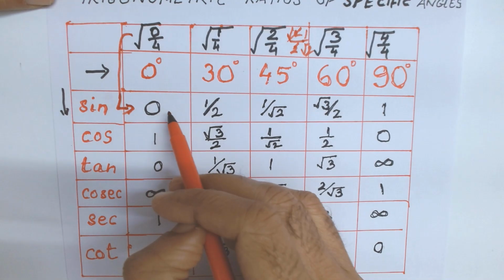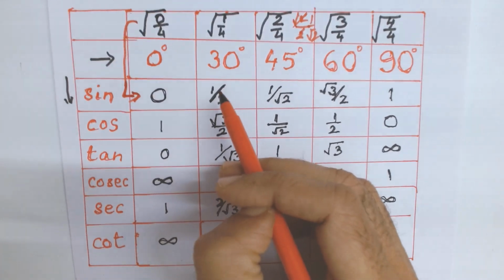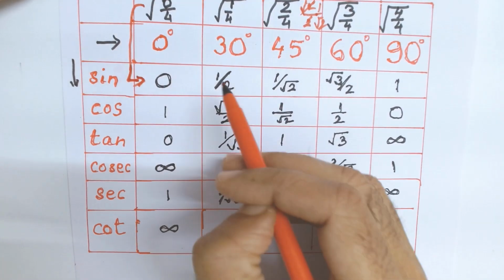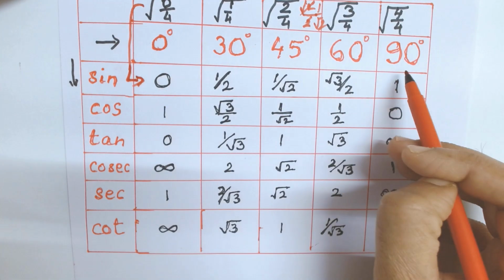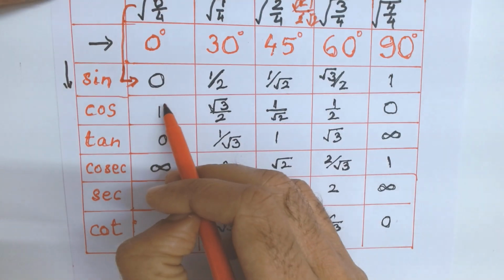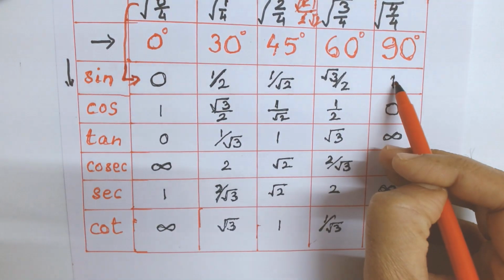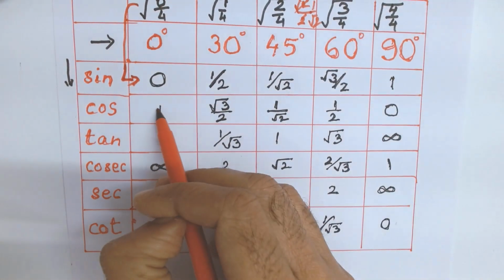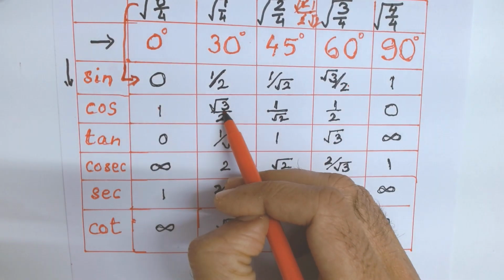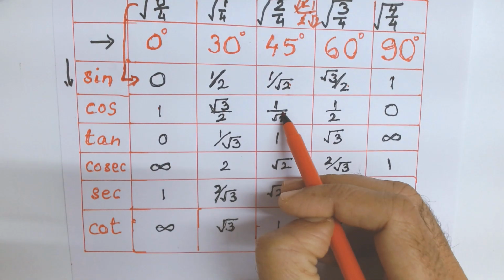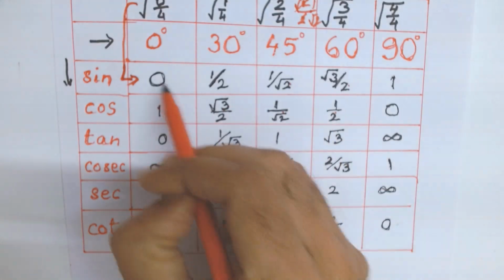Because once you get the first line for sine, which is from left to right, now write the values from right to left. What you see here as 1, you write here. Root 3 by 2 will come here second. This will come here, this will come here, and this will come here.